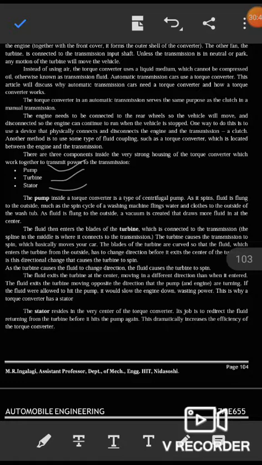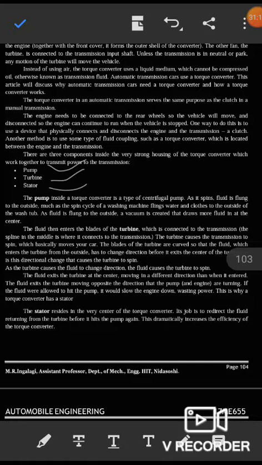As it spins, the fluid is flung to the outside, much as the spin cycle of a washing machine flings water and clothes to the outside of the wash tub.